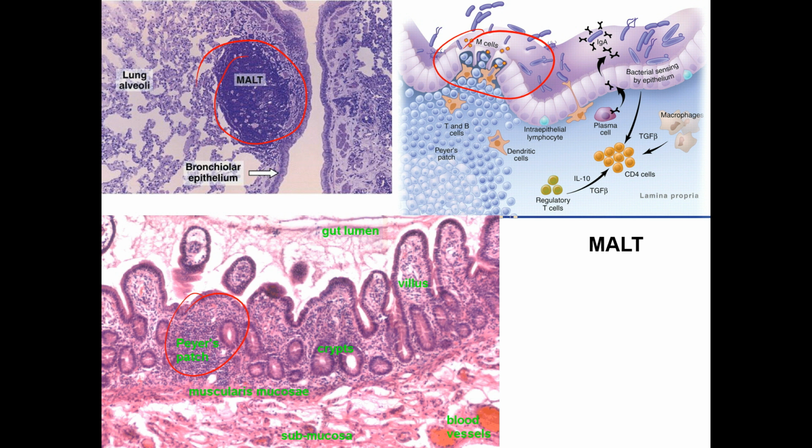These Peyer's patches serve as a collection of T and B cells, providing some mucosal immunity. So MALT, mucosal associated lymphoid tissue. You also have GALT, gut associated lymphoid tissue.